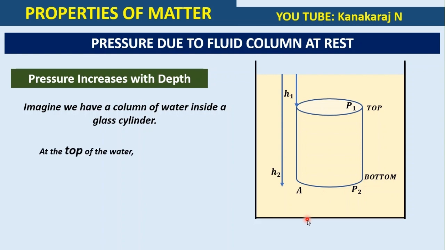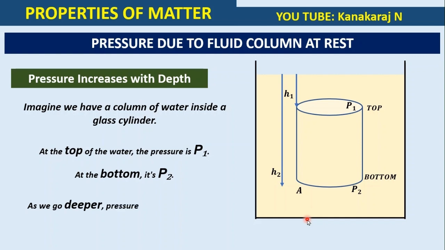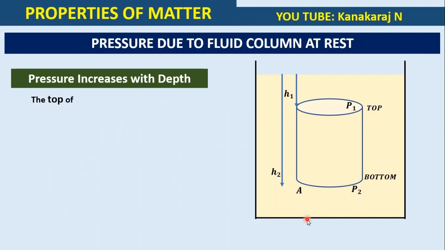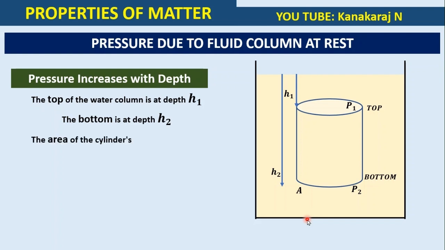As we go deeper, pressure increases because the water above is pushing down due to its weight. The area of the cylindrical cross section is A.